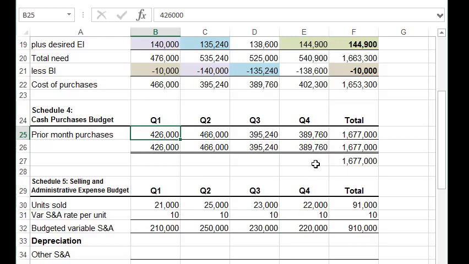What hasn't been paid yet as of the end of quarter four? Well, these purchases that were made in quarter four, they're not going to get paid for until quarter one of year 5. So remember, this amount is yet to be paid, and you'll need to represent that as accounts payable on your balance sheet. Total column here is just summing across.